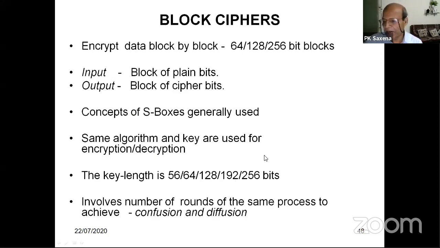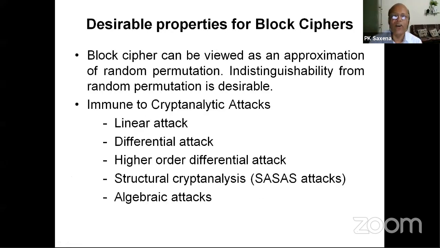DES, triple DES and so on are examples of block ciphers, and I think these will be discussed in detail. In all these algorithms, permutations also play a big role. Like in DES, the first permutation is applied, then it is divided into different blocks, they are shuffled, and then XORed with the key blocks.